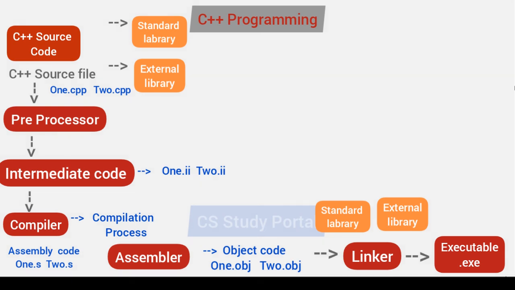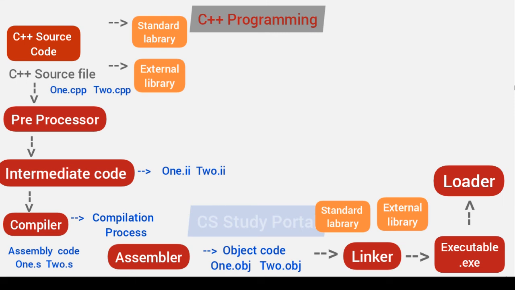Okay, now we have done the build process, and we have an executable file. The next thing we have to do is execute this executable file, and for that purpose we use a program called the loader. The loader will load the executable file into the main memory, which is the RAM, so that the CPU can execute the program.